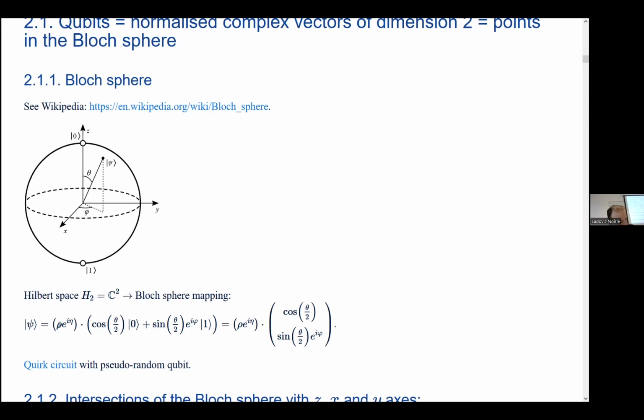Usually we use vectors that are normalized, so the rho is normally equal to 1. One could use a different amplitude factor for the vector, but it is just a convention. Most importantly, there is a phase factor. This phase factor cannot be eliminated, because the quantum states are represented by vectors in the Hilbert space.